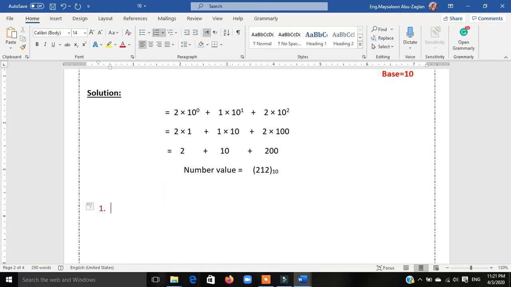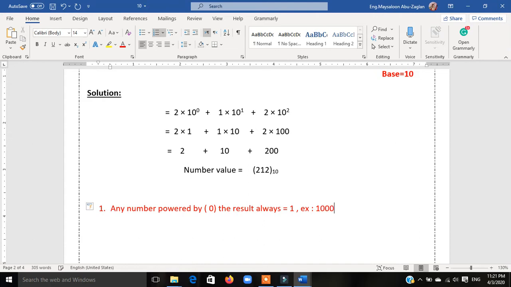Note number 1 says that any number powered by 0, the result is always equal to 1.